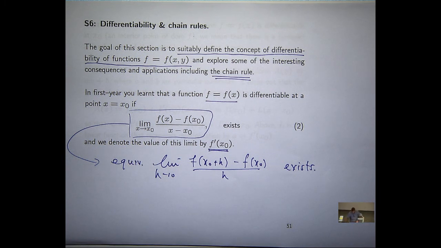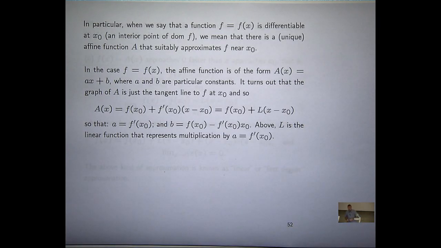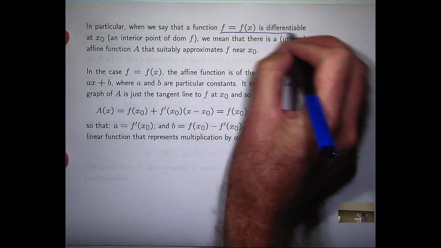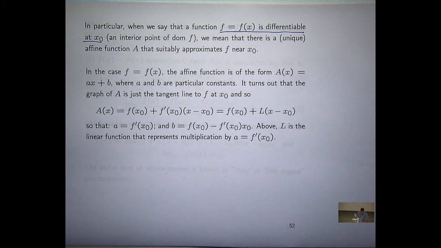Now, let's get slightly more technical. When we say a function of one variable is differentiable at, say, an interior point of the domain, this is what we really mean. We mean there's a unique affine function, in this case I've denoted it by A, that suitably approximates the function near the point of interest.